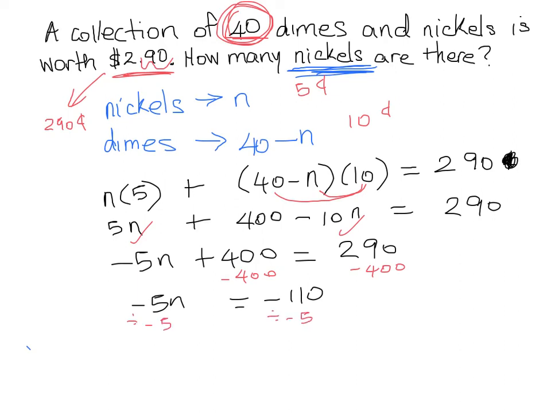And we get that n is equal to 22. So never forget our last step in solving word problems. We want to make sure that our problem, in fact, makes sense. So I'm going to go to the next page and we're going to check to make sure that our problem makes sense.